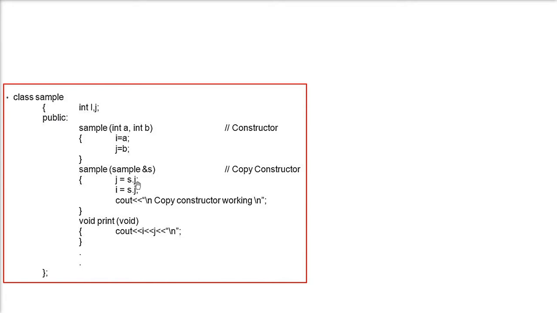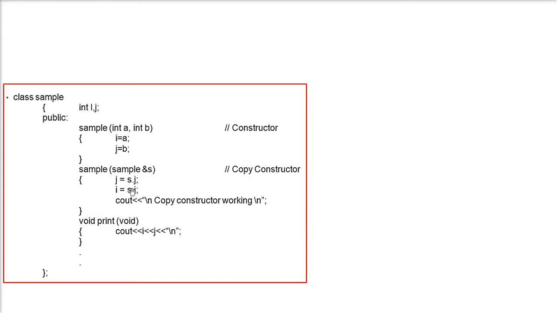What you are doing is taking the content of the above constructor and putting it inside some other constructor. Whatever you got in i and j, now you are putting this si and sj into this i and j. So you copy. This is the copy constructor working.